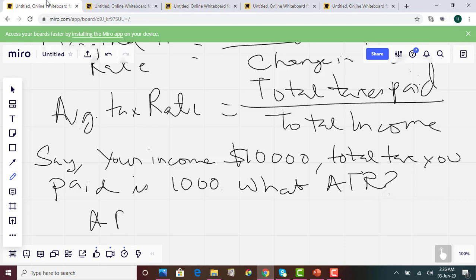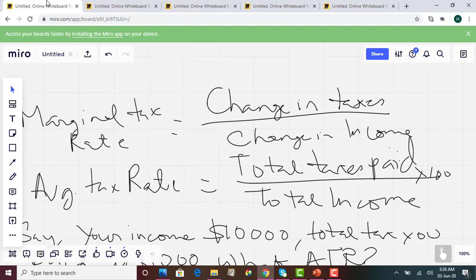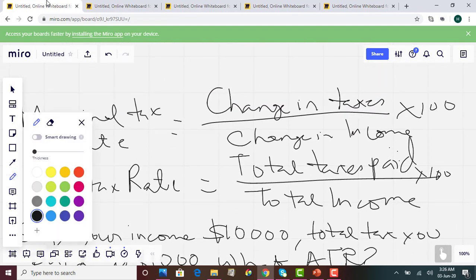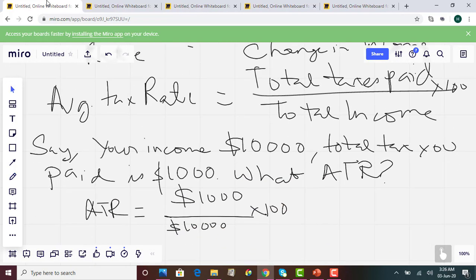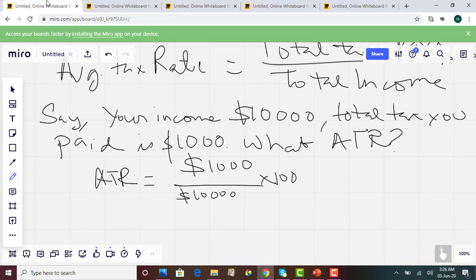So ATR, if you look at the formula, is your total tax paid, which in this case is $1,000, divided by your total income, 10,000, times 100. You have to multiply by 100, even in the case of marginal tax rate, because it's a rate. Remember, it's a rate, so we have to multiply by 100. So you paid total taxes of 1,000, your total income is 10,000, you multiply by 100 because it's a rate, and you end up with 10%. So that's average tax rate.